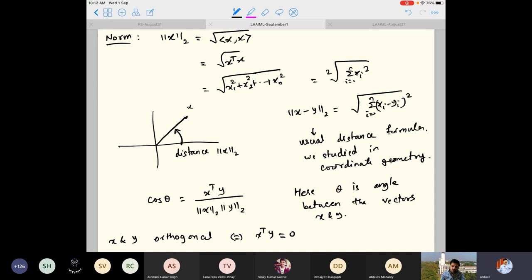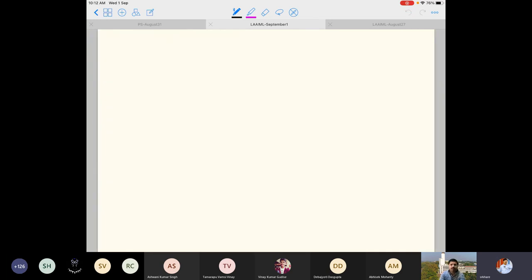So these vectors are orthogonal, and then what is an orthogonal matrix? An orthogonal matrix is a matrix whose columns are orthonormal. So there is one more added condition. Orthonormal means that they are orthogonal and each of them has unit norm.